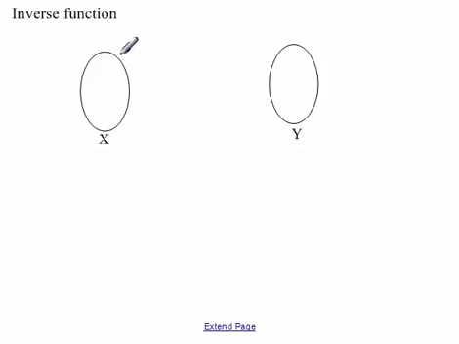Of course, here let's say we start with a function which goes from here to there, and we call it f. And again, there will be a range of f.